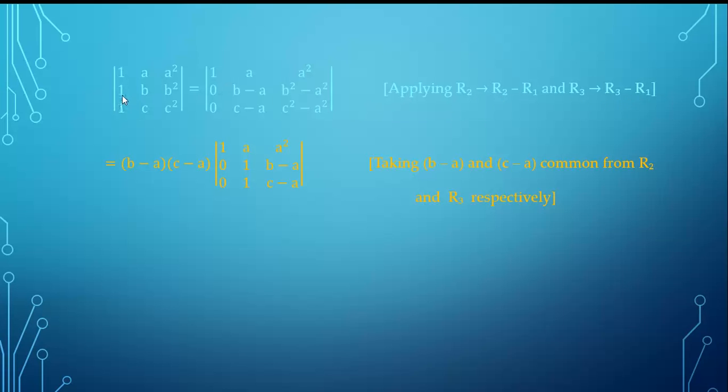But why do we do this? Because when we apply R2 minus R1, it becomes 0. When we do the operation R3 minus R1, it becomes 0. So whenever you have 1 as the element in any row or any column, you have to apply this operation. If you have 1, 1, 1 in column 1, you need to apply the row operations R2 minus R1, which becomes 0, and R3 minus R1, which becomes 0, right?